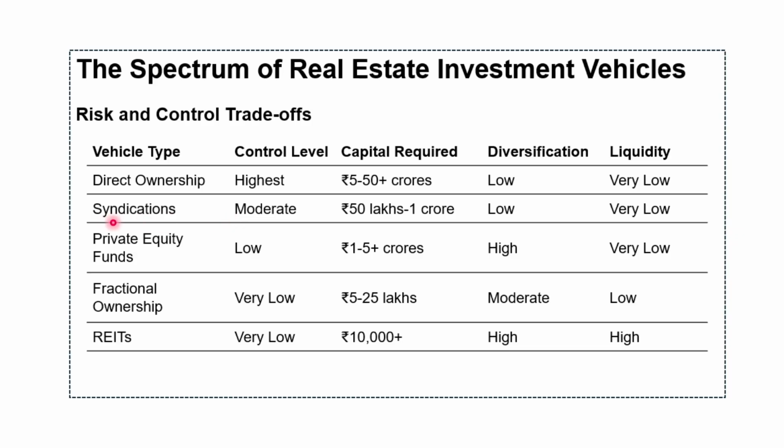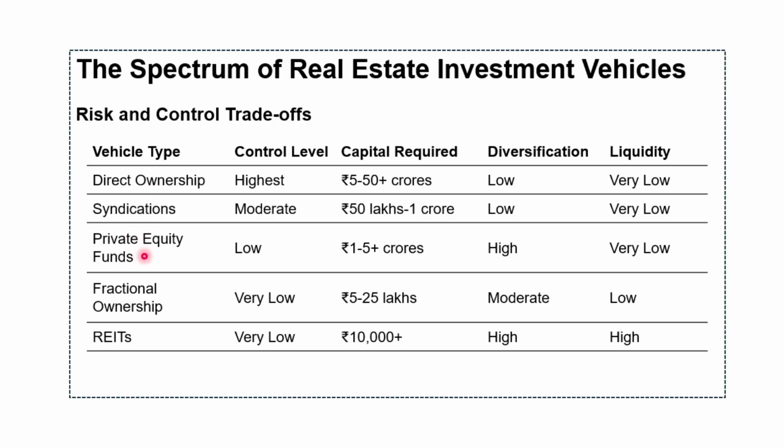It's very similar to direct ownership, but the thing you can differentiate is that the capital requirement is a little lesser for the same type of properties, and the control level is moderate. Other than that, diversification and liquidity match very well with direct ownership.